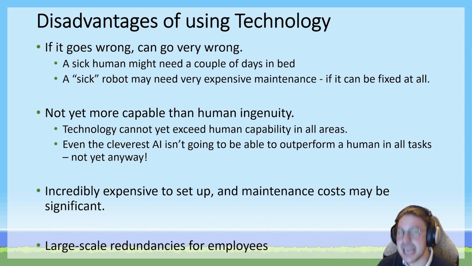Technology is not yet at a point where it can completely replace human ingenuity. One human will do so many more diverse things in a day than any one technology solution is capable of replicating at the moment.